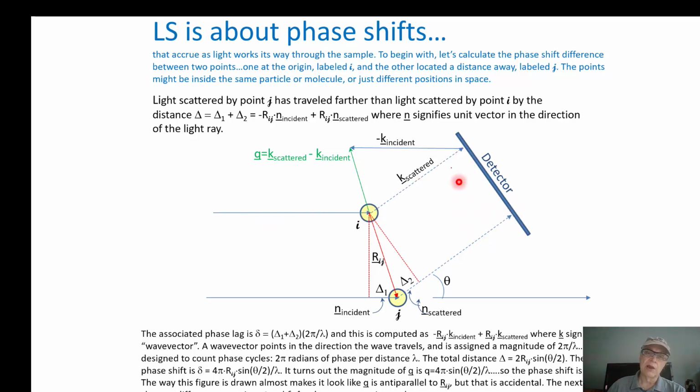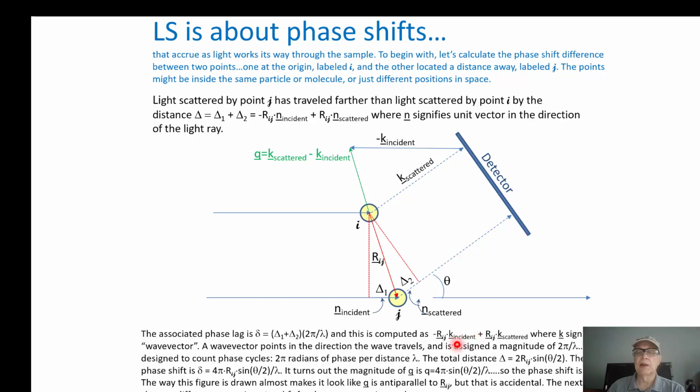It could arrive completely out of phase, in which case there would be destructive interference if the scattering power of particles I and J is the same. But in many cases, it will only be partly out of phase. So the way to calculate the total distance is shown down here. I'll let you read that, but the total phase lag is the distance times 2 pi over lambda.